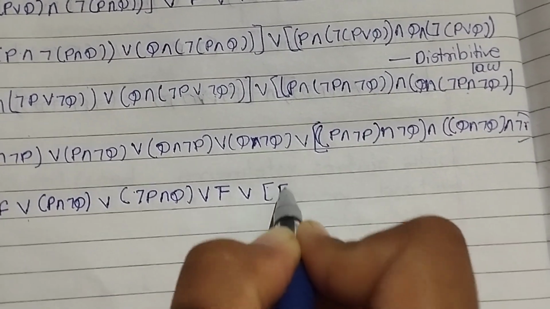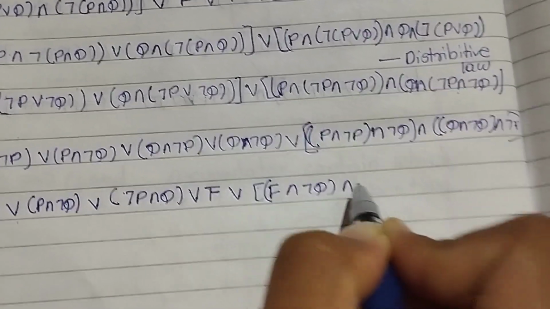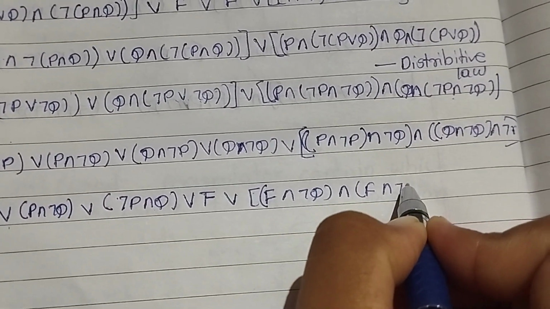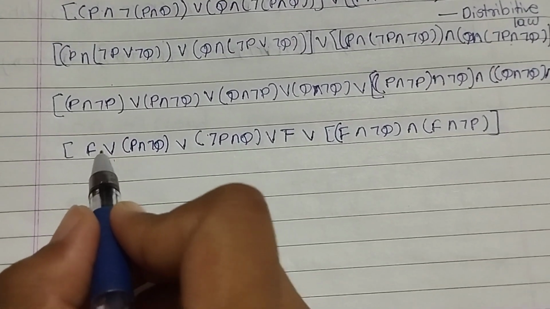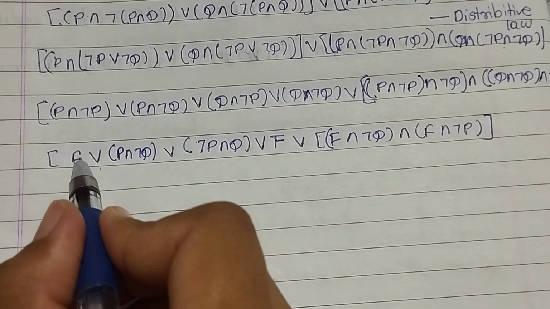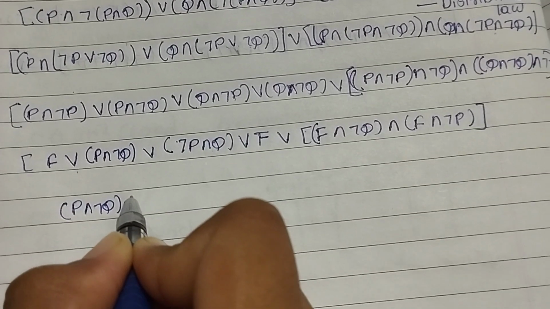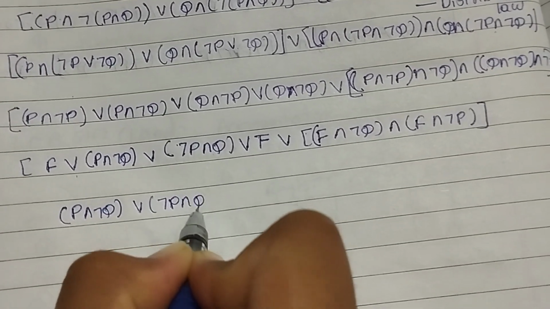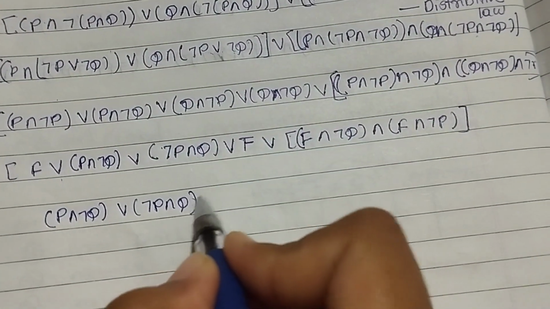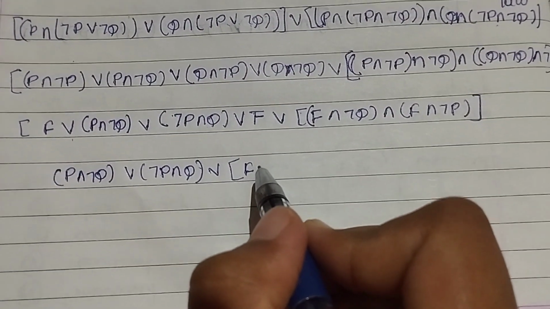So this again F and negation Q, this is the one term, and Q and negation Q again F and negation P. Now we know F or P is P. So suppose this whole equation is P, so F or P is P. So write the bracket as it is, P and negation Q, or negation P and Q, because again we know P or F is P. So again we write the equation as it is, or F and negation Q is F. This is the domination law.